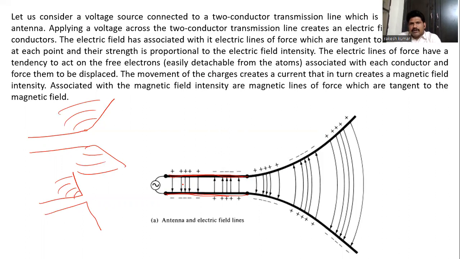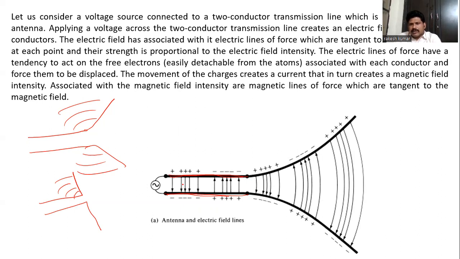This electric field is associated with electric lines of force, which are tangent to the electric field at each point, and their strength is proportional to the electric field intensity. These electric lines of force act on the free electrons associated with each conductor and force them to be displaced.